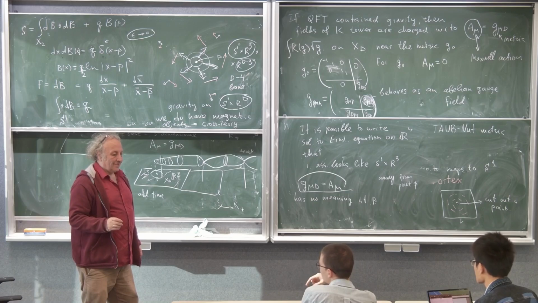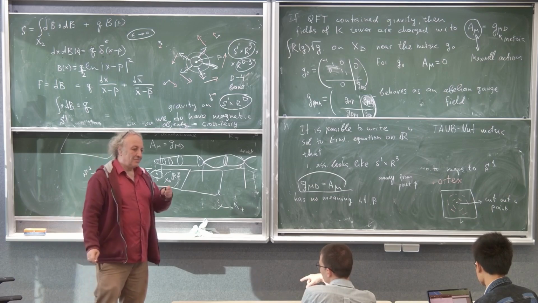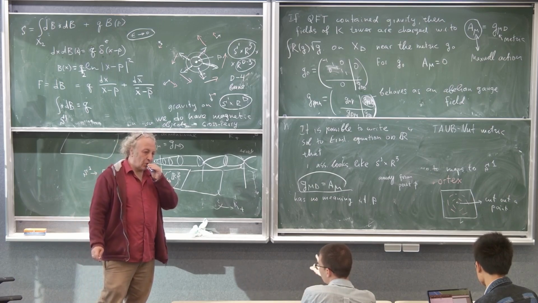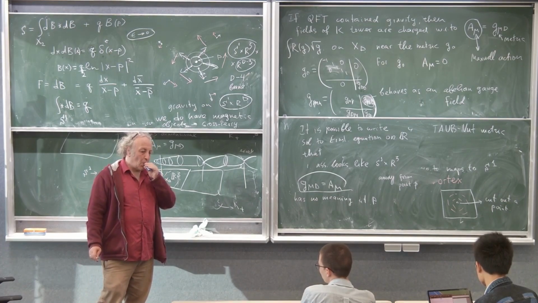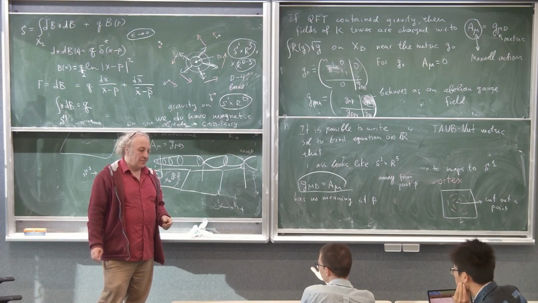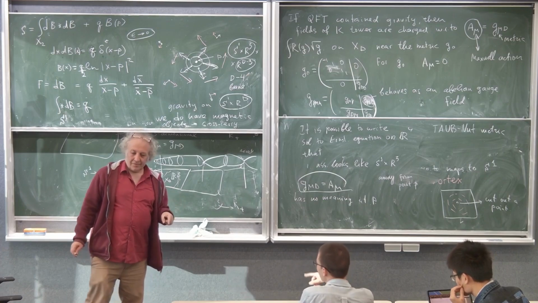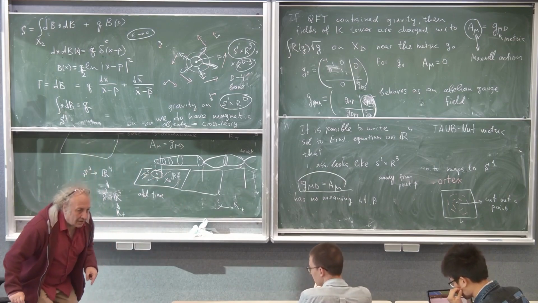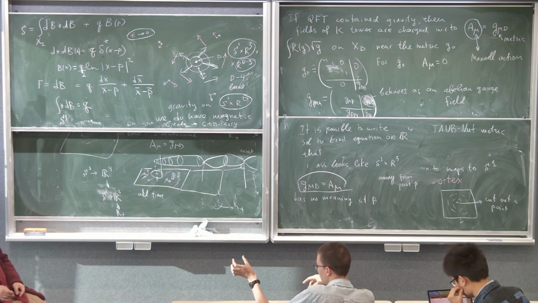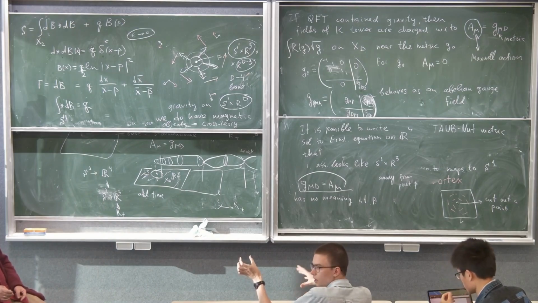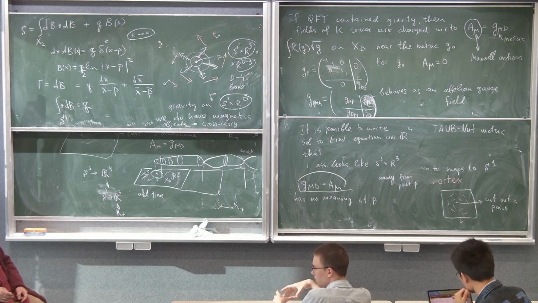So, I've just checked, there's an S3 over S4 fibration in the quaternionic fibration. Maybe S4 over... Oh, S4 over S3, yeah. No, S3 is the fiber, S4 is the base. S7 is a fibration over S4 with a fiber S3.